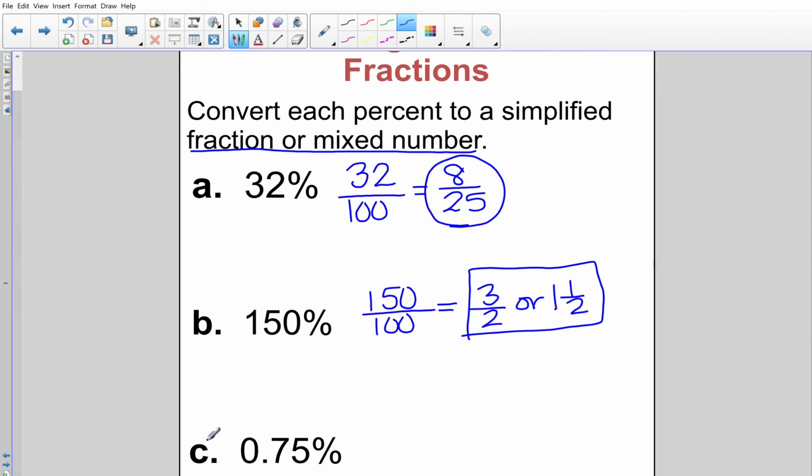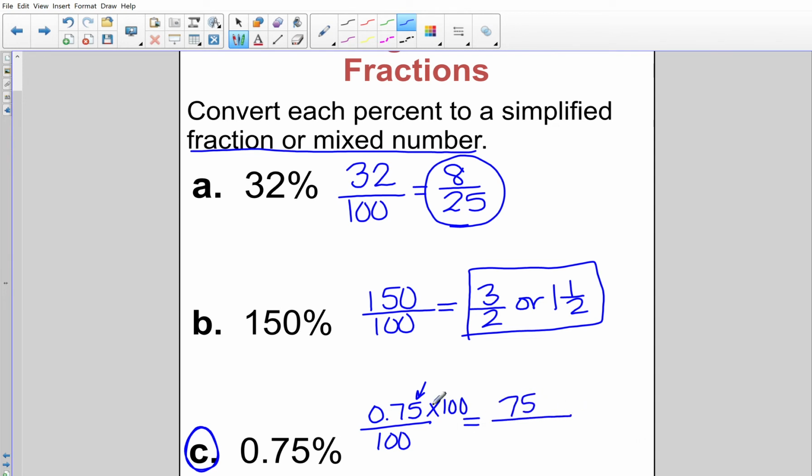Now this one's a little bit harder. You may want to make notes on this one. It is a decimal, so I'm still going to write it as 0.75 over 100. Now this is kind of going back to our last section when we were dealing with ratio and proportions. I can't leave this as a decimal, so I need to figure out my place value for this. 5 is in the hundredths place. So I need to multiply by 100 to turn it into a whole number of 75.